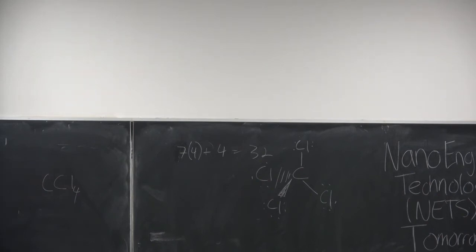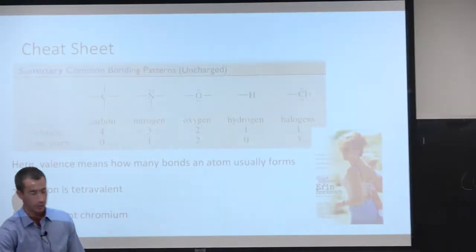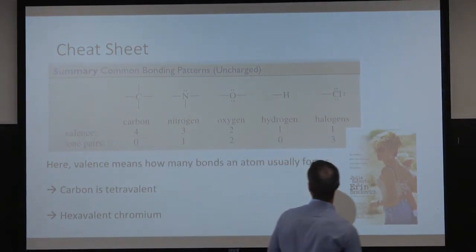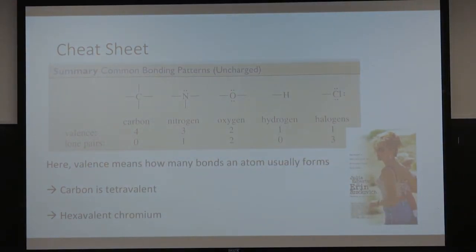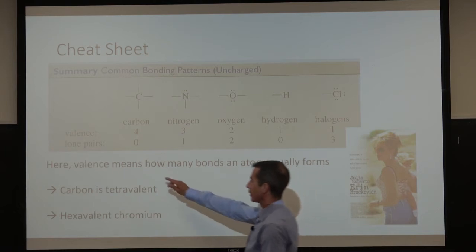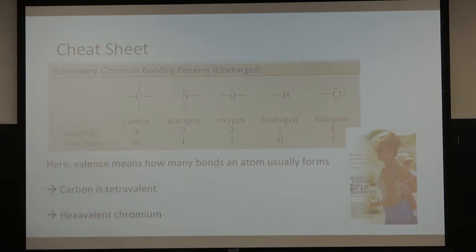Okay. So here's a good cheat sheet, and this is from your reading, of what most of your organic centers are happiest in. Here the valence is how many bonds an atom usually forms. That's what they mean here by valence. This isn't the number of valence electrons that it has available, right? Valence has a different meaning on this chart. You can think about that, remember from Erin Brockovich when they're talking about hexavalent chromium, right?